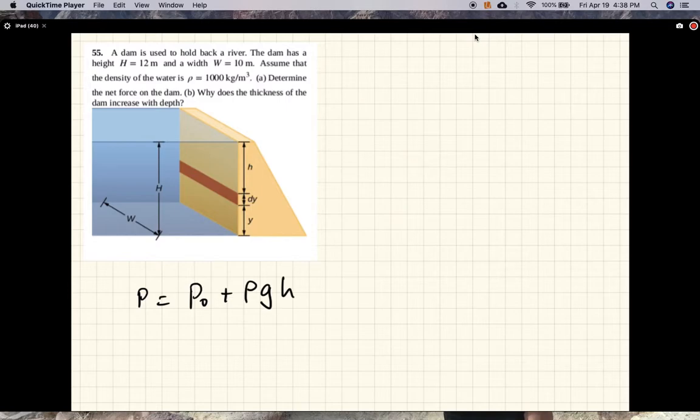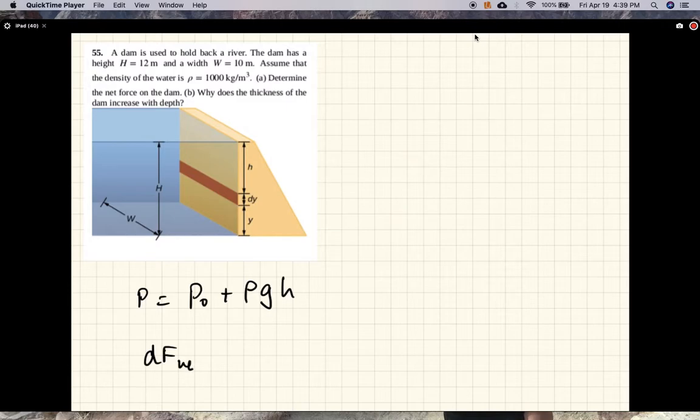All right, so let's see. Now, this is atmospheric pressure plus that. Now there's atmospheric pressure here as well. So this factor is cancelled by the atmospheric pressure on this side. So the net force is just the force due to the column of water to the right.